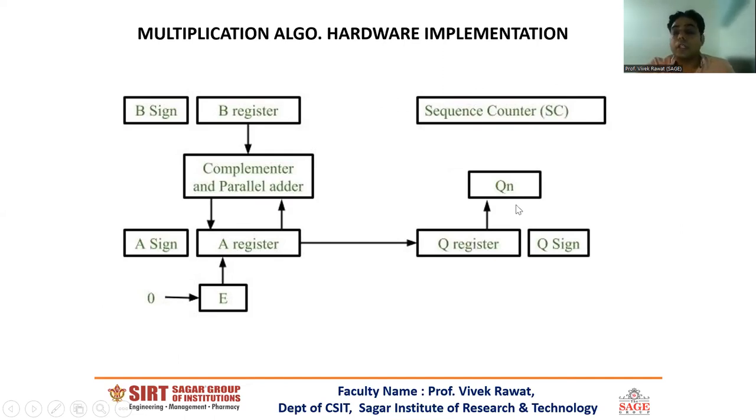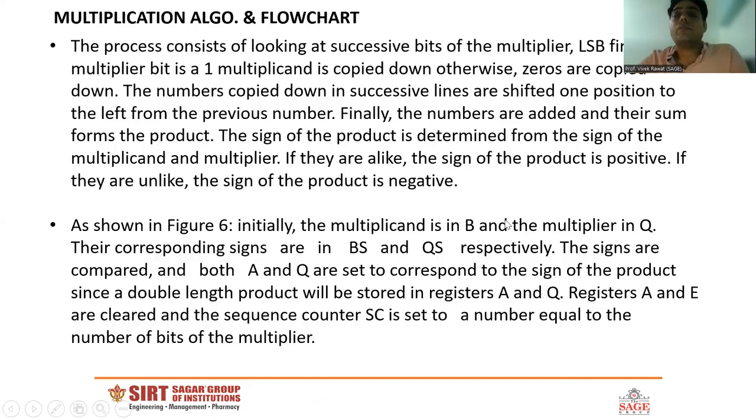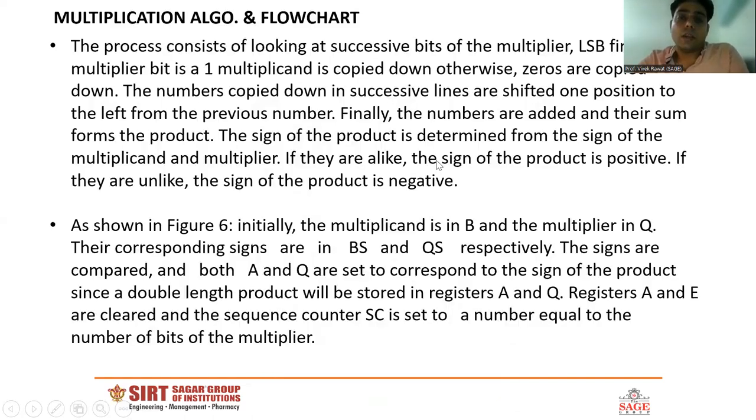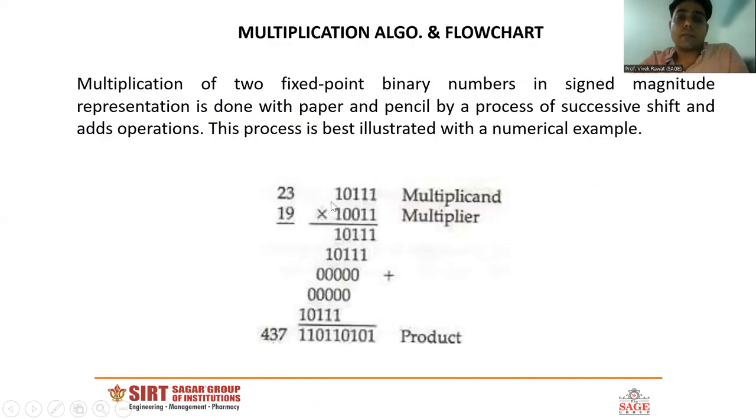What is the meaning of least significant bit here? In this diagram, you can see the Q. Q is the multiplier. So what is the multiplier in this example? 19 is the multiplier. So 19 will be saved in the Q register. So the Q register has the value 10011.